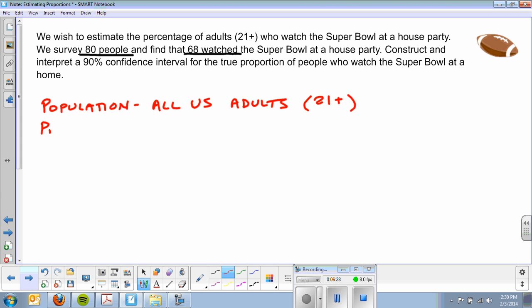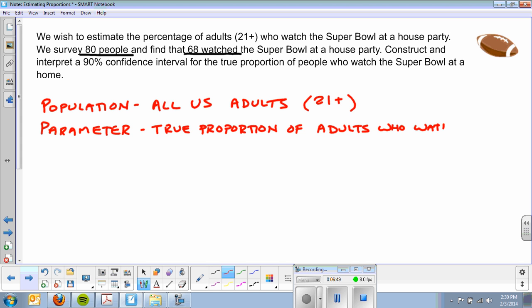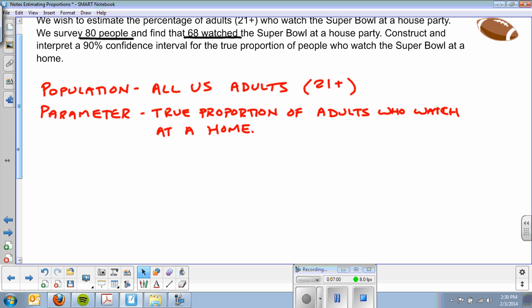And the parameter of interest, what are we trying to predict or estimate, is the true proportion of adults who watch the game at a home.